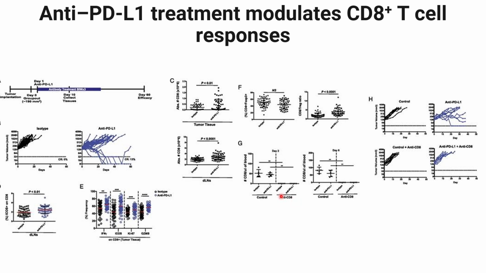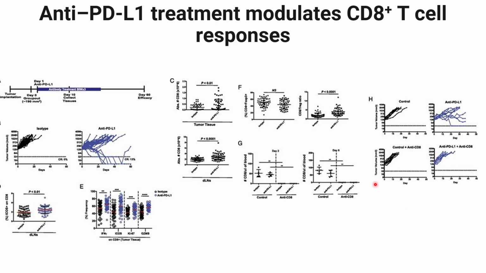So in this case they can see that there are no CD8 plus cells either in the isotype or in the anti-PDL1, since the CD8 plus cells have already been removed by these anti-CD8 antibodies.